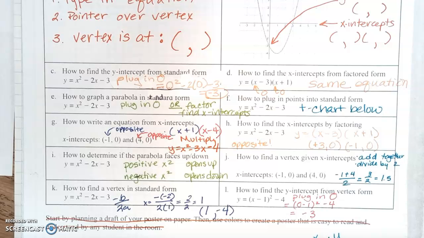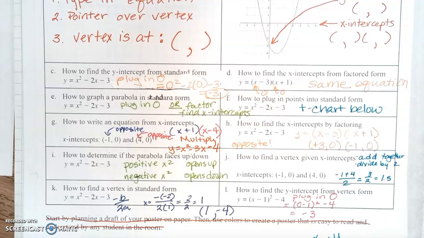Then you can start graphing the points on the other side of the line of symmetry, because parabolas are always going to be symmetrical, until you have enough points to fill it in and see how your parabola is going to go. So start by plugging in 0, because that's the easiest. Another way to do it is to factor, get the x-intercepts, count to the middle, and see where your line of symmetry is going to go, and then start getting points on either side.